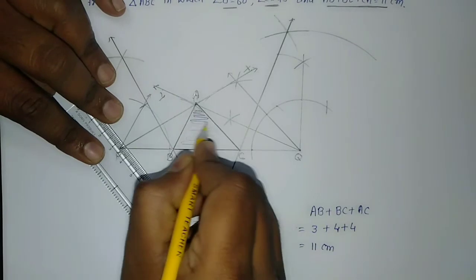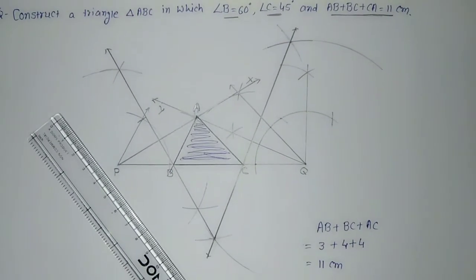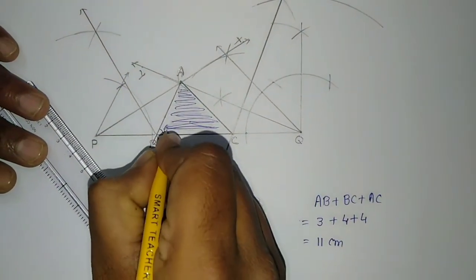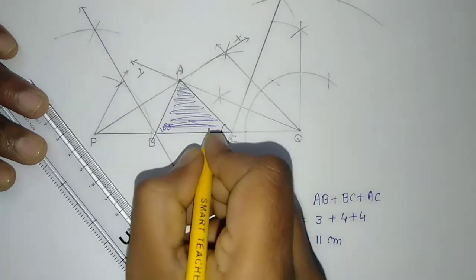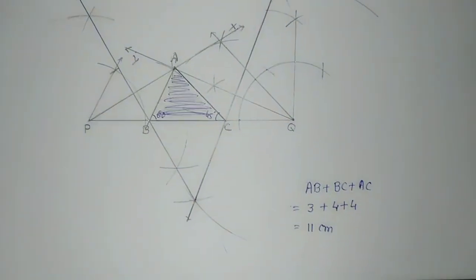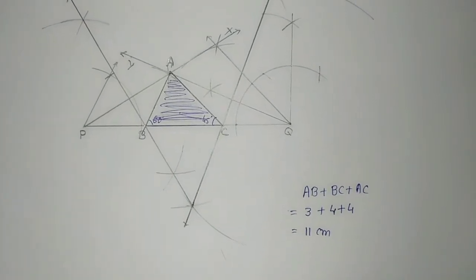This triangle ABC is our required measure triangle, in which AB plus BC plus AC is equal to 11 centimeter. This angle B is 60 degree and this angle C is 45 degree. You can measure it and exactly will get this answer. So this is what the construction is. I hope it is very simple and very easy.